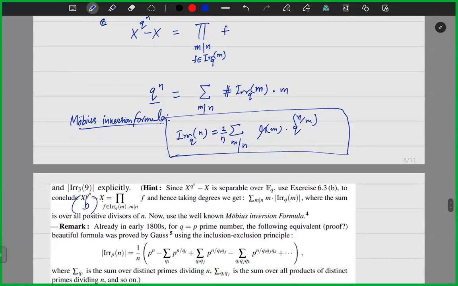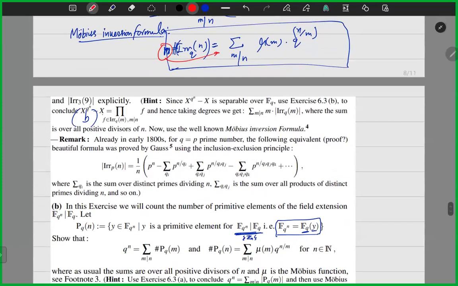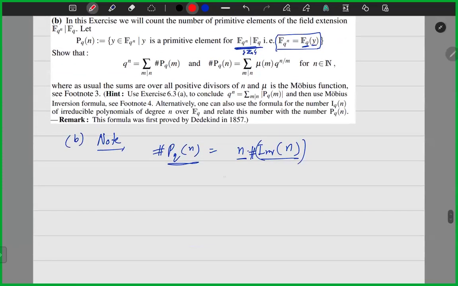So this degree is this. The inside function is of the form m times the count, right? So outside we should get n times this number, the cardinality of this. Now this n goes down and becomes 1 by n. So this is n times 1 by n, summation over m dividing n of mu of m times q power n by m.